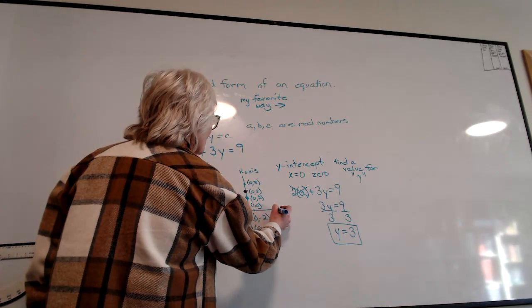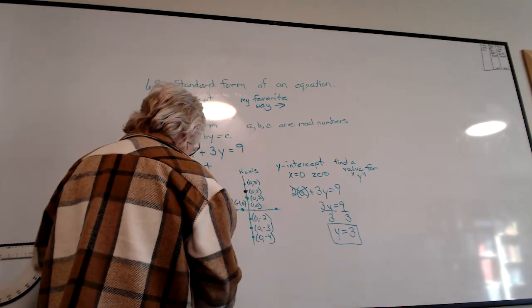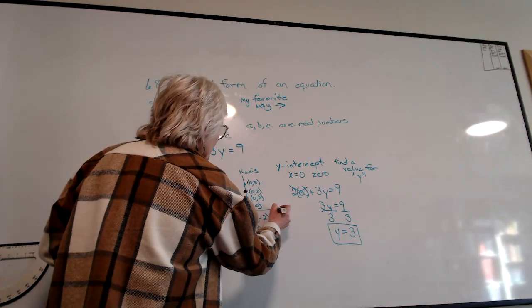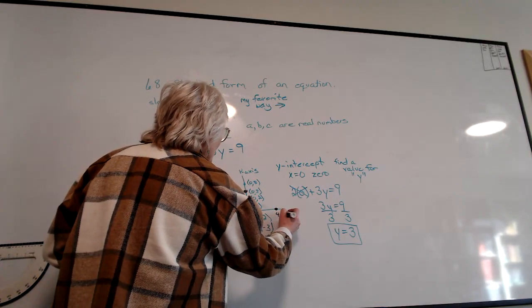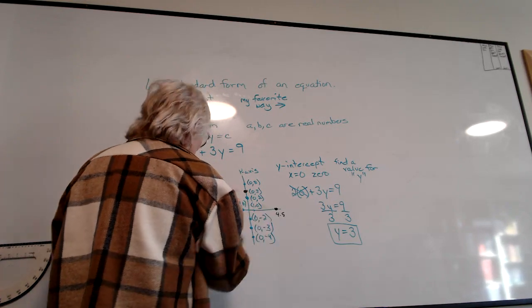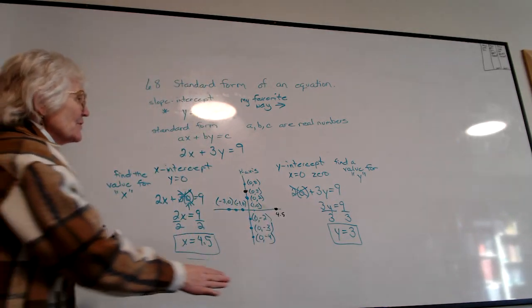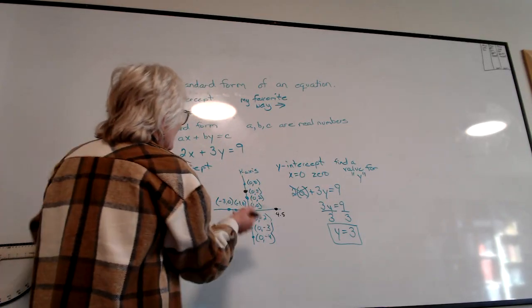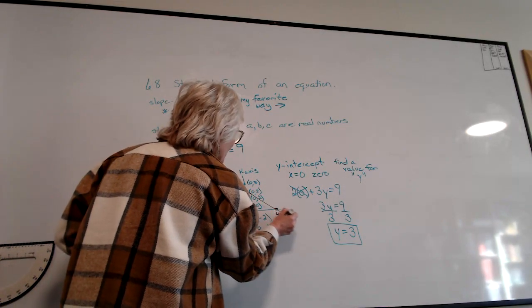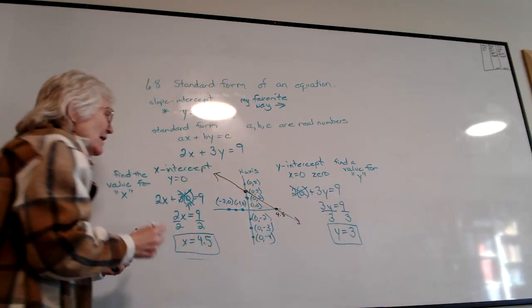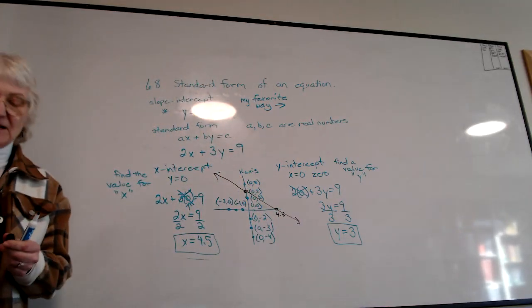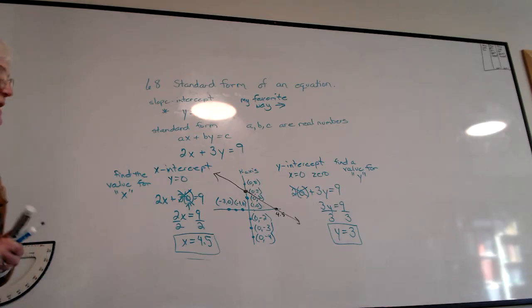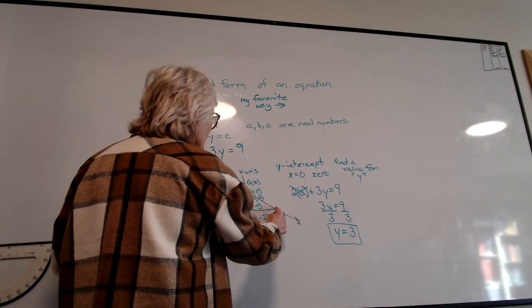So if I went out to 4.5 up here, there's my x-intercept for this line. So I know that the y is on 3, the x is on 4.5, and then I can graph this line here. Okay. Now, it's not hard to then find the slope, because we know we have this here.